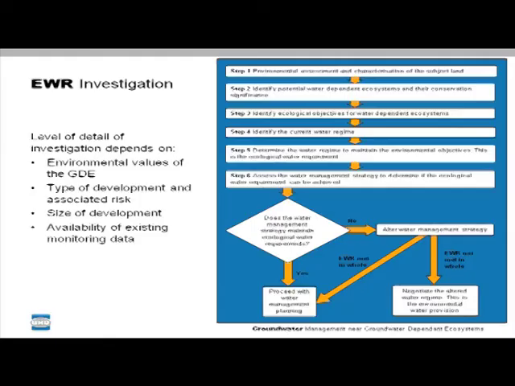And step 4 is to identify the current water regime. This may involve collecting and reviewing groundwater monitoring data, surveying wetland transects, and monitoring any surface water inflows and outflows. Depending on the complexity of the system, this information may be used in a hydrogeologic model to understand the water movements.